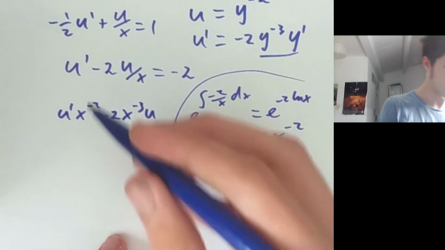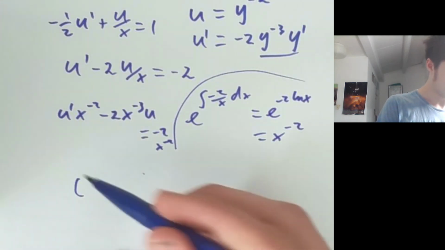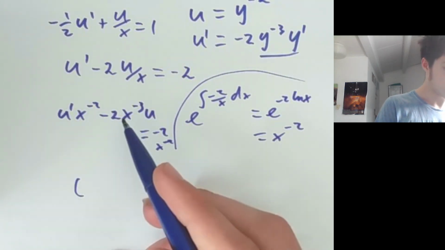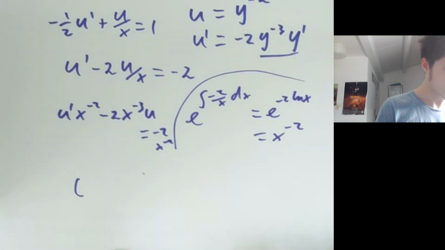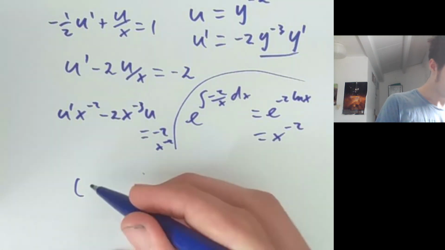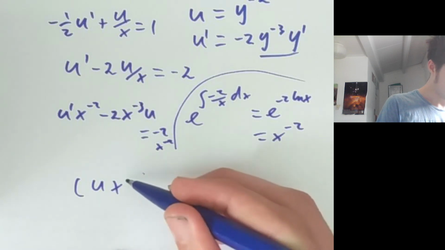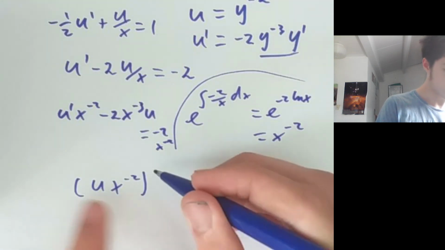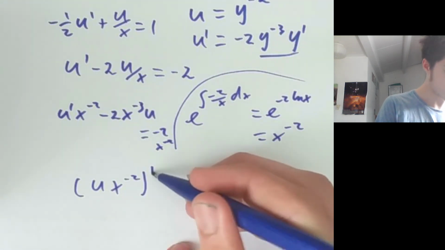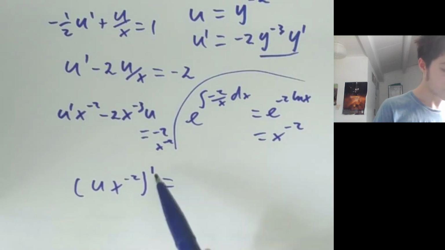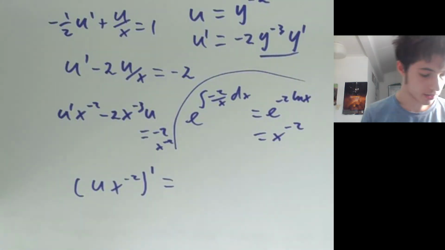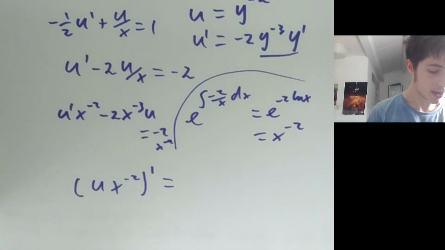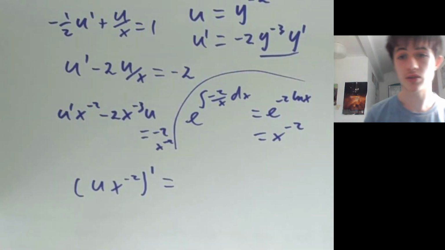So now we see that this looks like the product rule was carried out on some function, and it's quite easy to figure out what the function was. It was u times x to the negative 2. And well, you can work this out and you see exactly that you'll get this thing.